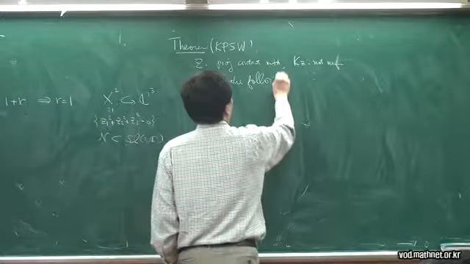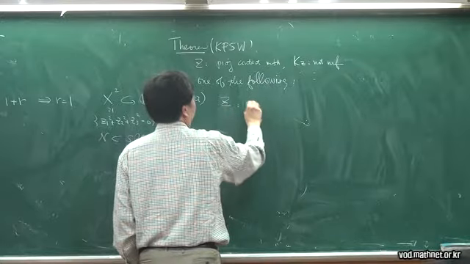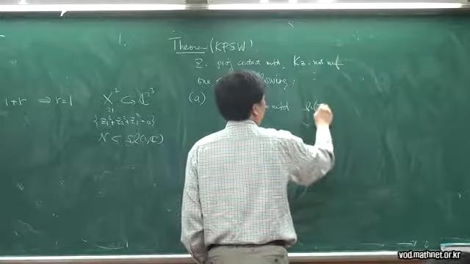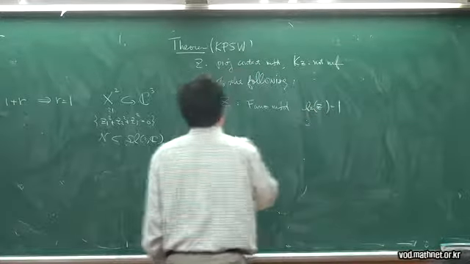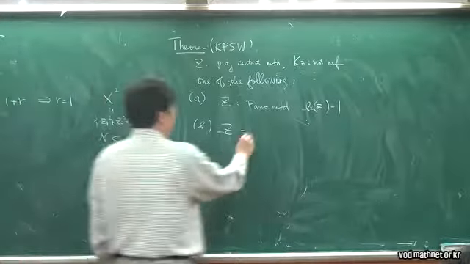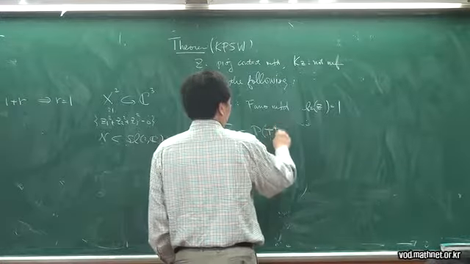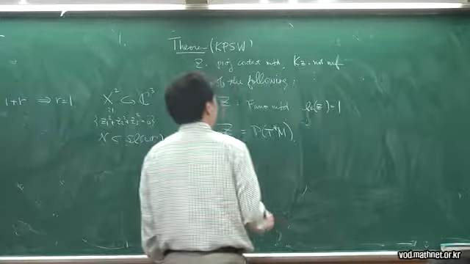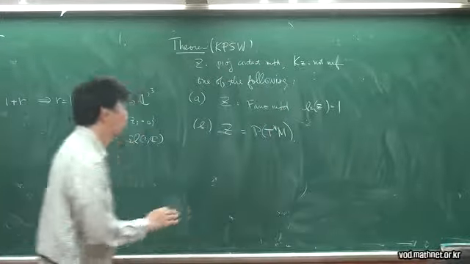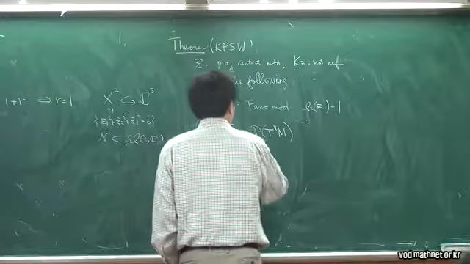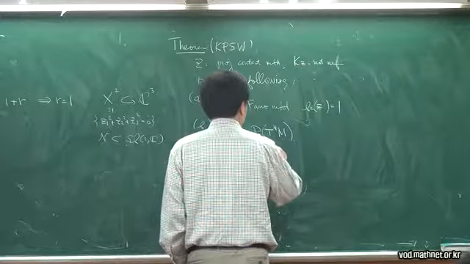Case A: Z is a Fano manifold with b_2 equal to 1. The second case: Z is just a projectivized cotangent bundle of some projective manifold M, with its natural contact structure.